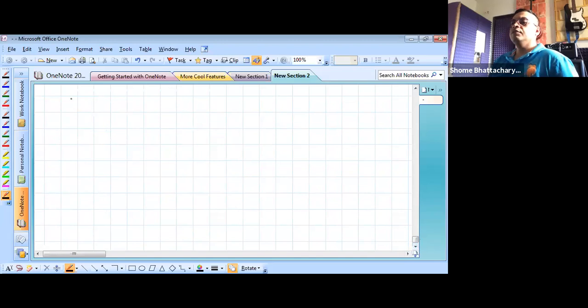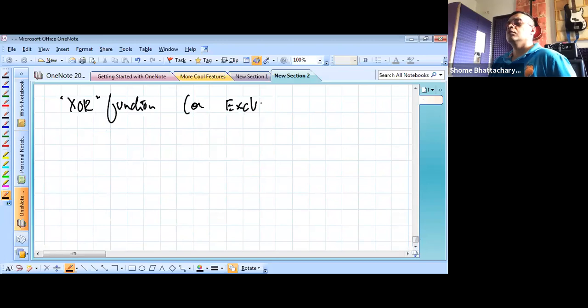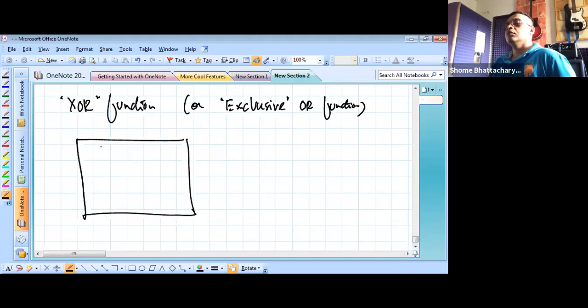Okay, likewise we have one called the exclusive OR function. So this one's truth table looks like this.